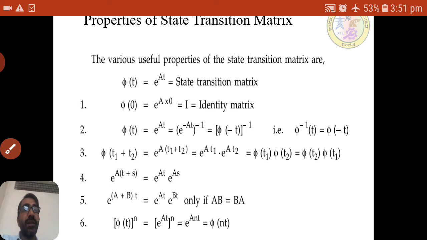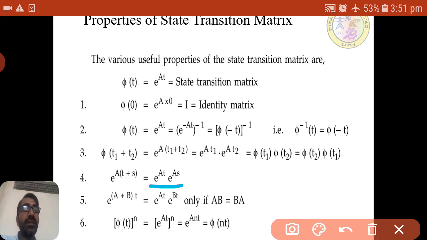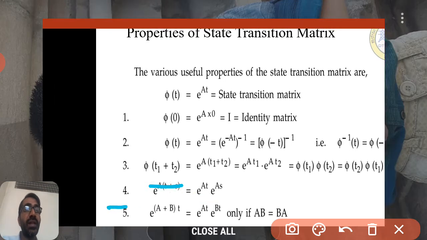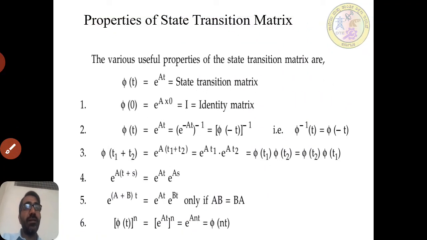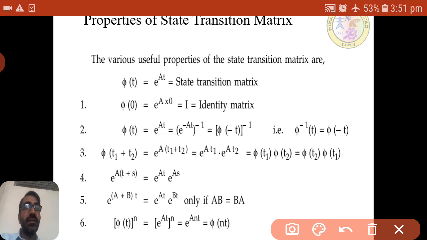Similarly, e raised to a into t plus s, we can give as e raised to at into e raised to as. And e raised to a plus b into t we can give as e raised to at into e raised to bt.